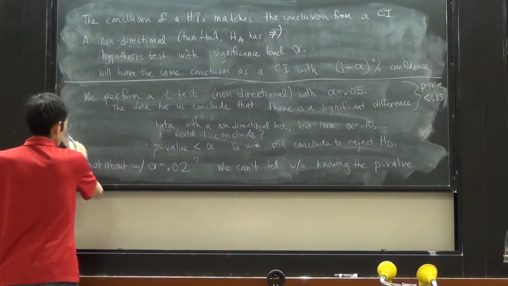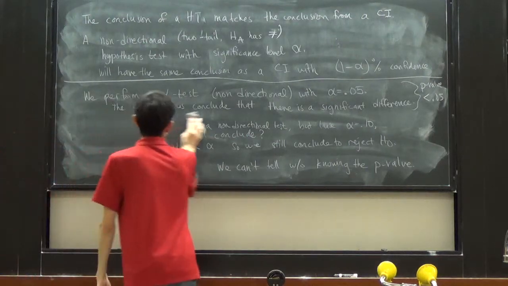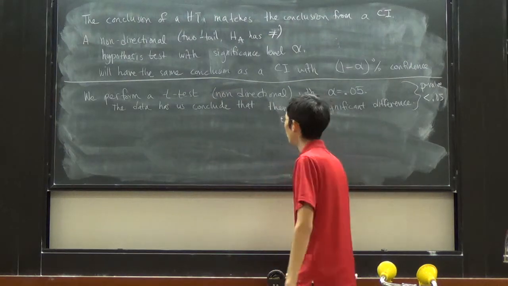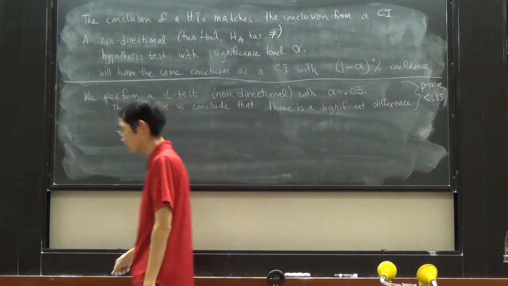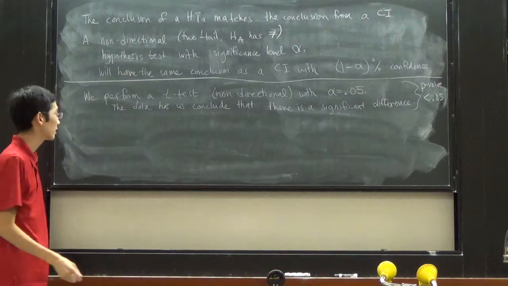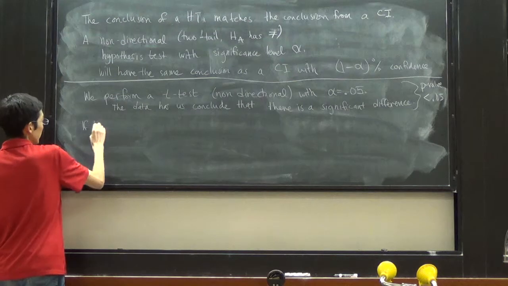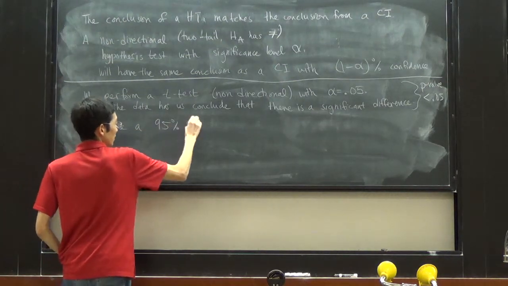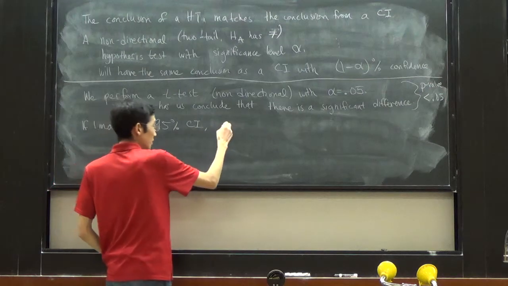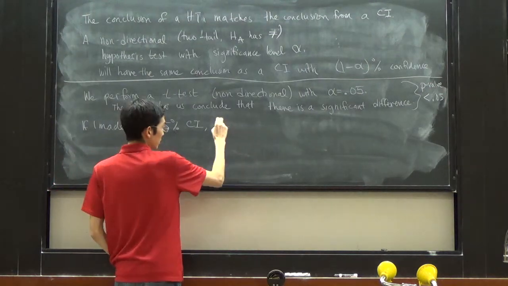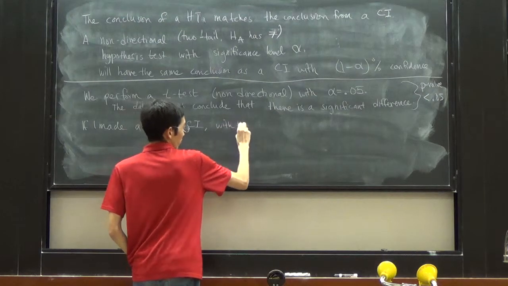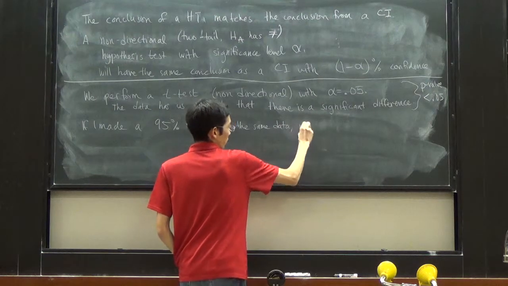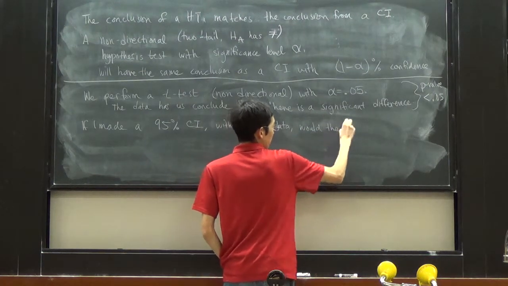Keep this part still in mind. We perform a non-directional test with alpha equal to 5%, and the data has us conclude that there is a significant difference. If I made a 95% confidence interval with the same data, would the confidence interval contain 0?